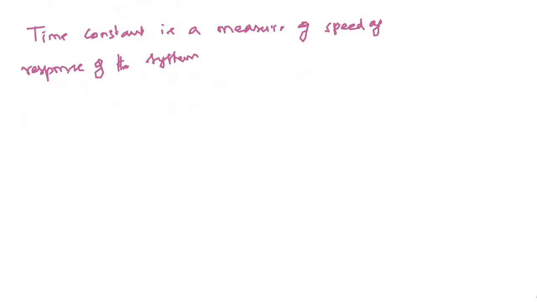It is not 67.8, it is 36.8%. That means if you have a system and its output decays like this, and the maximum is, for example, 1 volt, then the voltage at the time constant duration will be 1 by e. So 1 into 1 by e, maximum value into 1 by e. That is the time constant.